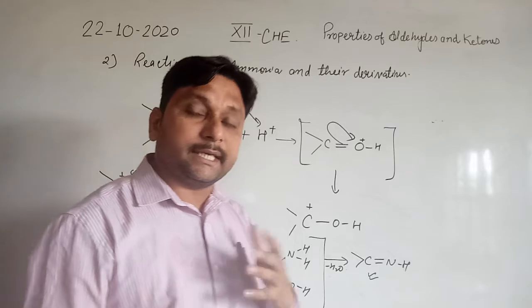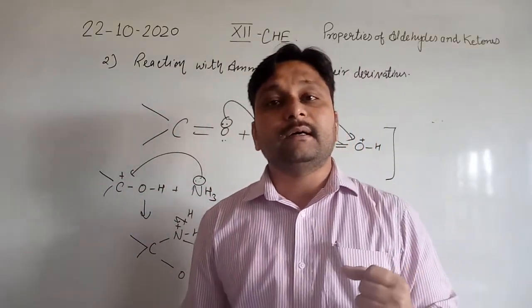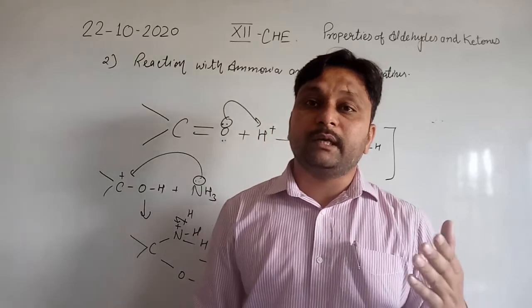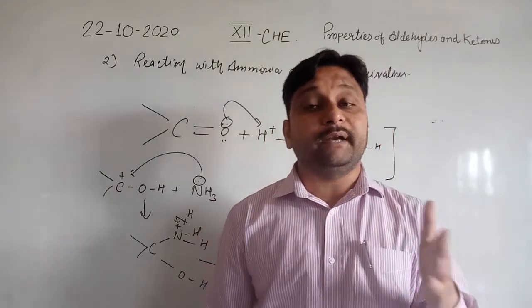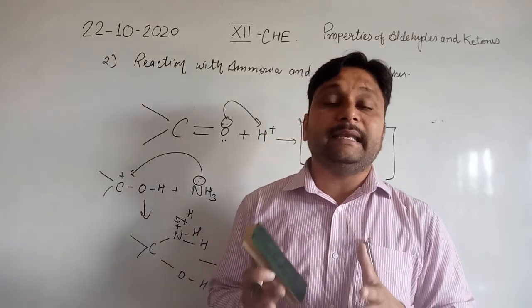If we talk about the second question, why we can't use a highly acidic medium, meaning a pH near about 1 or 0.5 or 1.5. So why can't we use a highly acidic medium?